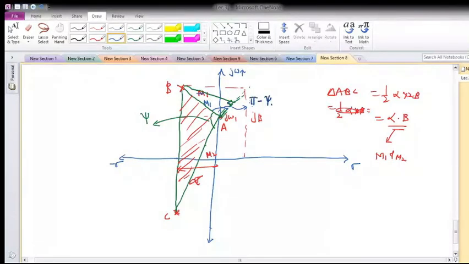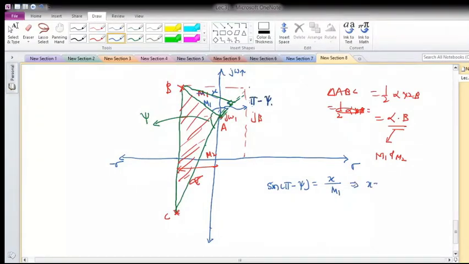Fine, now I would like to know again the area of the shaded triangle. For that, what can be done? The sine of pi minus psi, where this is suppose x, so I can write sine of pi minus psi will be x over M1, which is the hypotenuse.